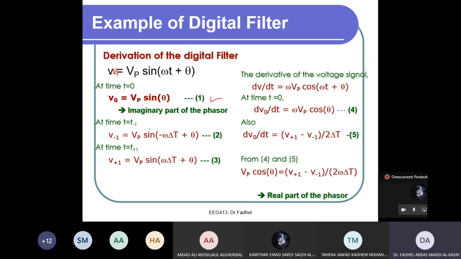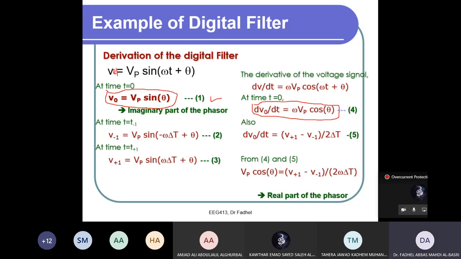And the second equation: if I take the derivative of this, what is the derivative? dV by dt is VB cosine of omega t plus theta times omega, right? And from that, this derivative at time 0 is equal to omega VB cosine of theta. So I have a second equation, and this is the first.